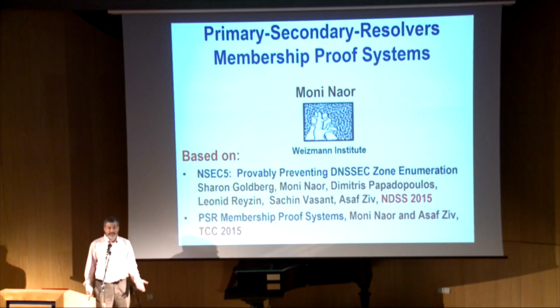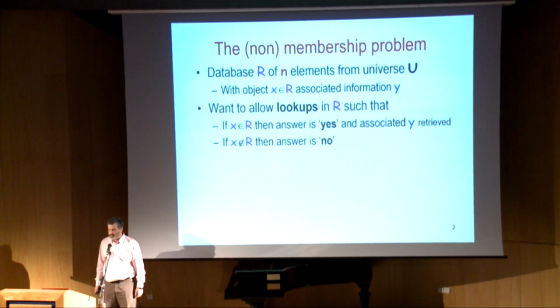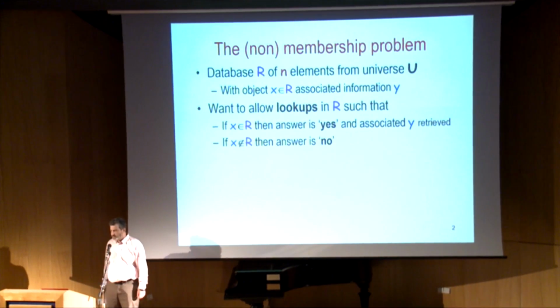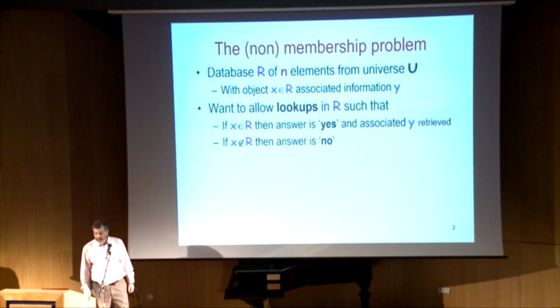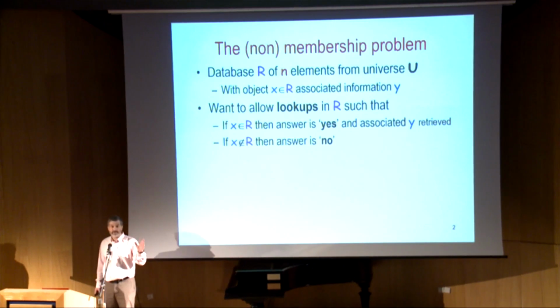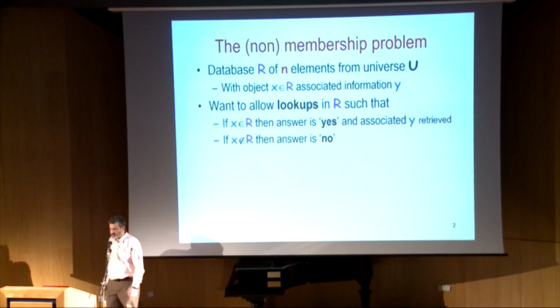So let's start. What do we mean by primary secondary resolver proof system? We think that we're really discussing the membership problem, or more accurately, the non-membership problem.